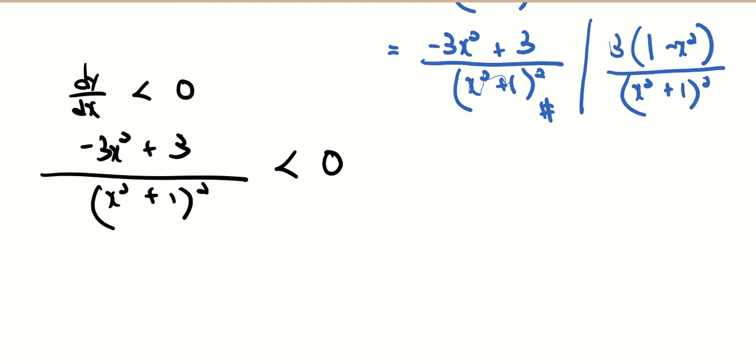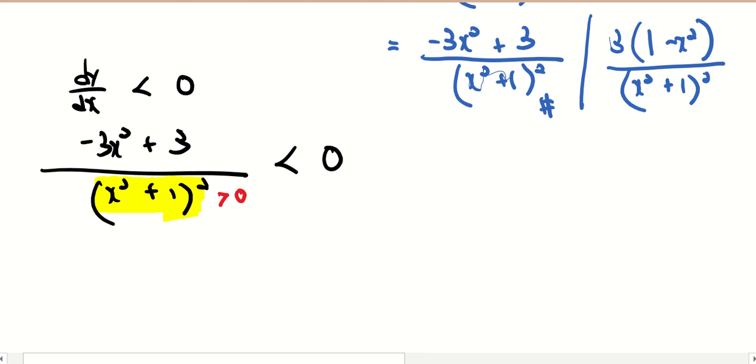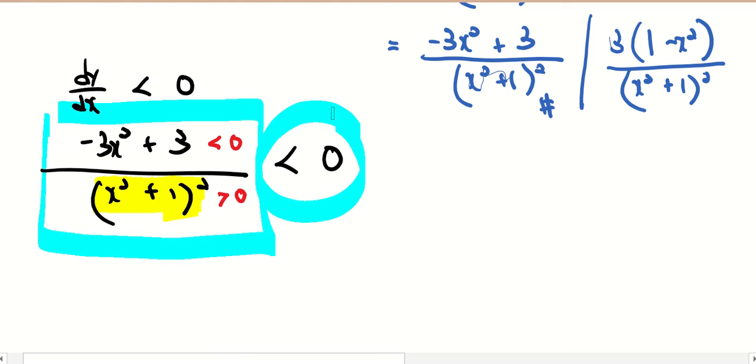But just now, as we discussed, it's very clear-cut. Your denominator, because of the big bracket square, is always positive. Since this is always positive, we don't need to solve already. This also means that your numerator must be negative for the whole thing to be less than 0.